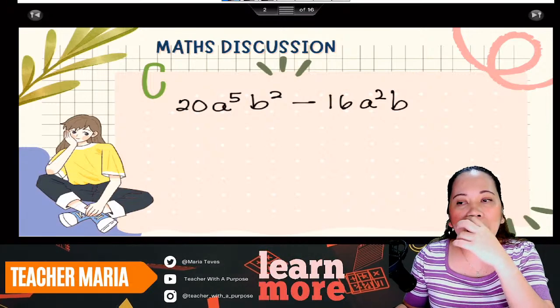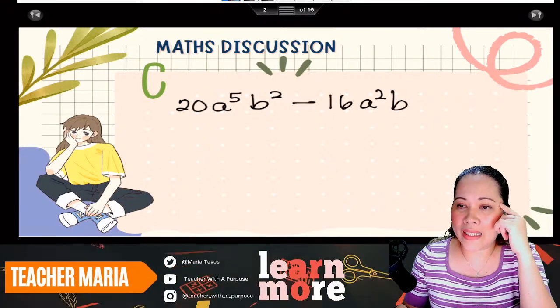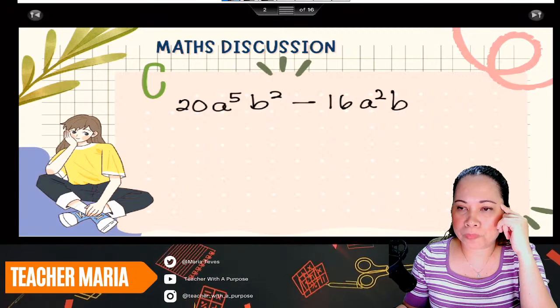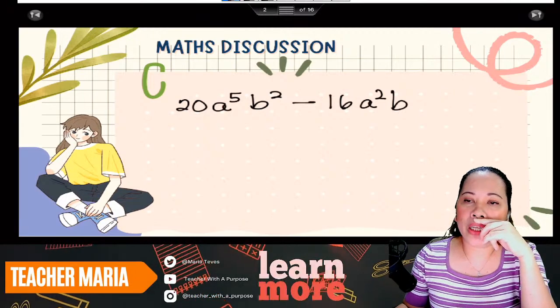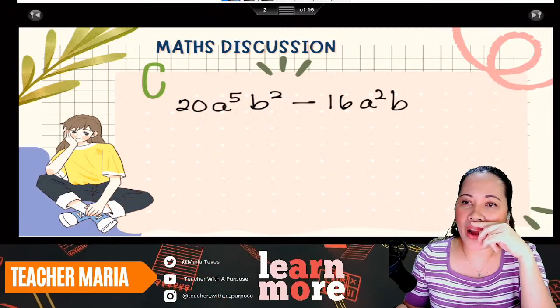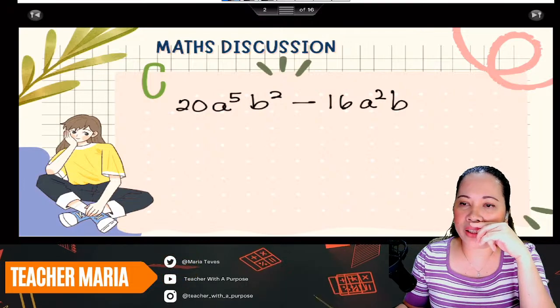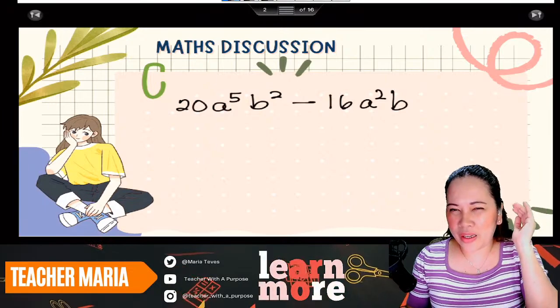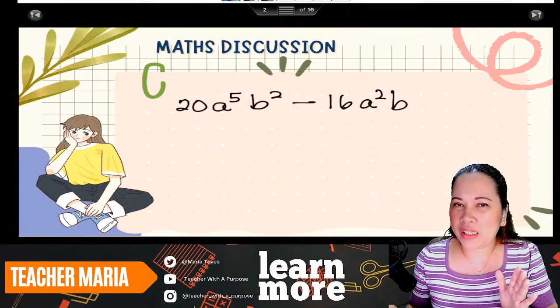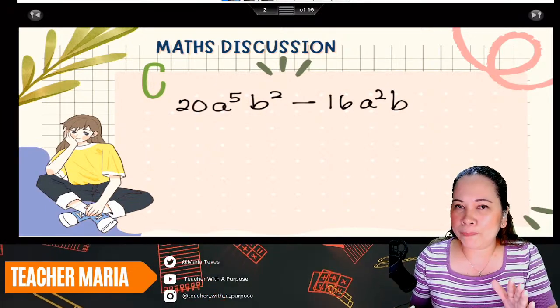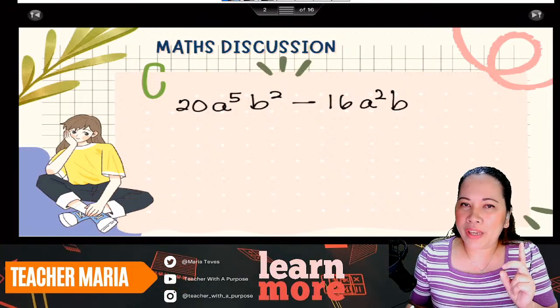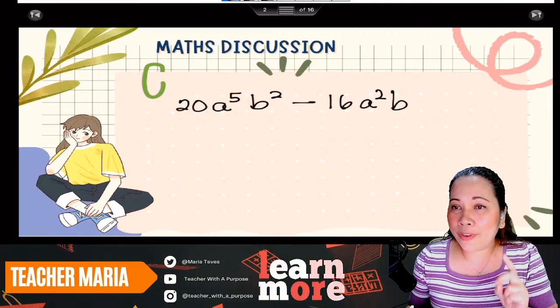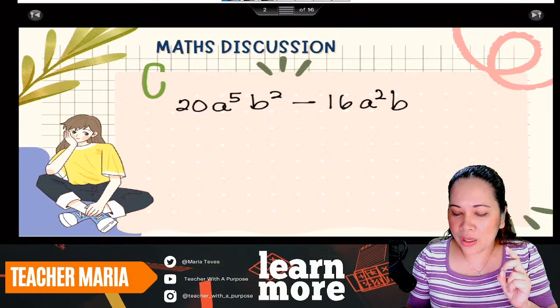So looking at 20 and 16, you have to look for the greatest common factor between 20 and 16. The greatest common factor between 20 and 16 is 4. So you factor out 4.